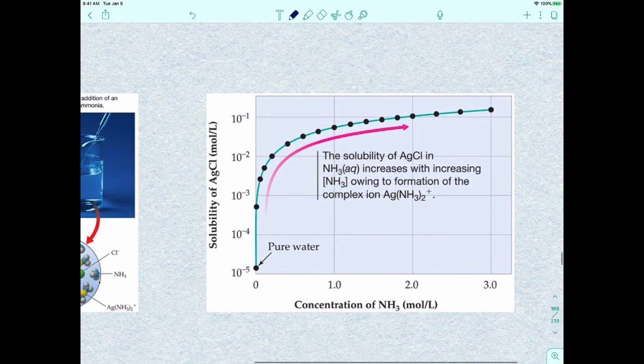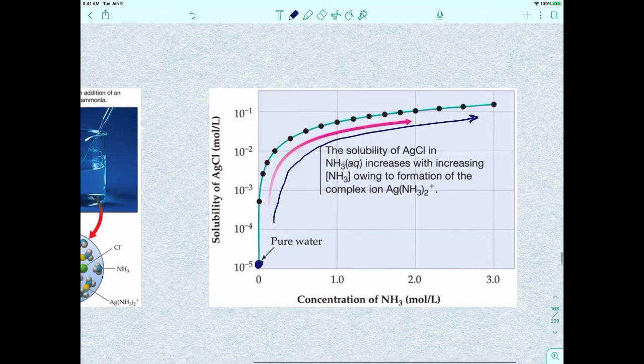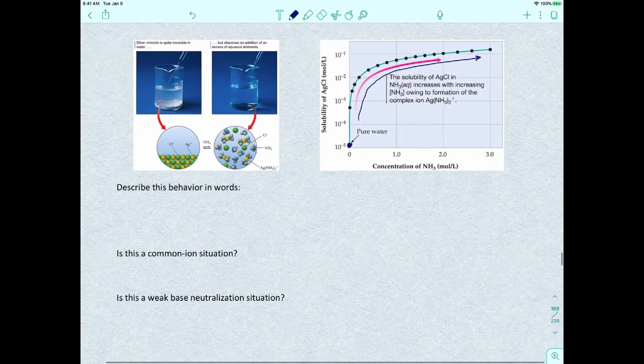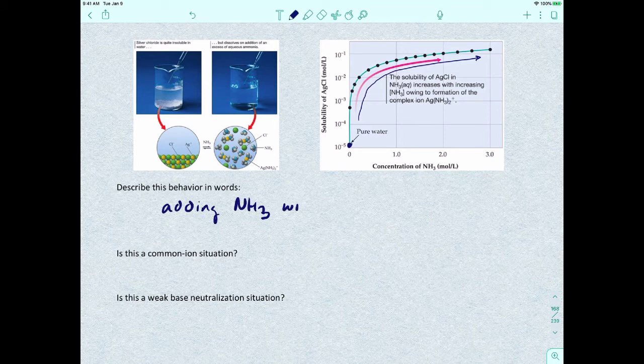Okay, so here was the solubility of silver chloride in pure water, but as we start adding more and more ammonia, we do get an increase in solubility. So what's going on in words is that adding NH3 will increase the solubility of AgCl.